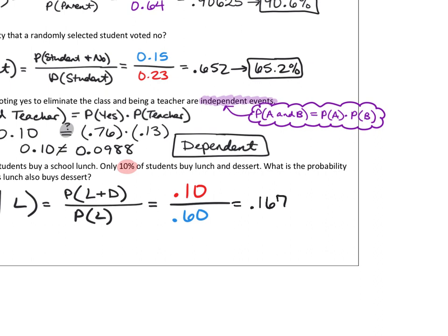Yeah, 0.167 if we round, which then we can change to our percentage answer of 16.7%. So conditional probability is a little bit more confusing because you have to know what has already been guaranteed to happen. We're already guaranteeing they buy lunch. But out of that percentage, how much of them do something else? That's conditional probability.